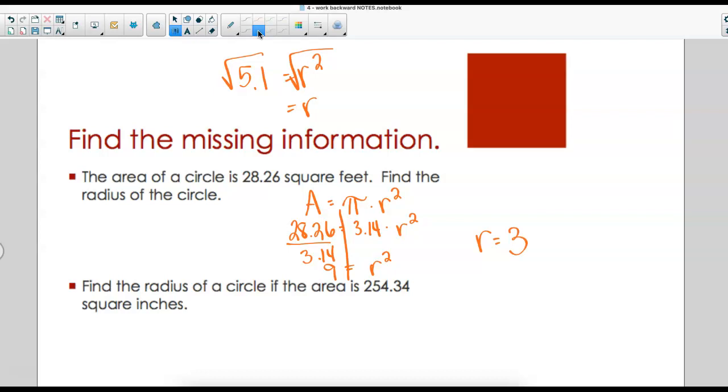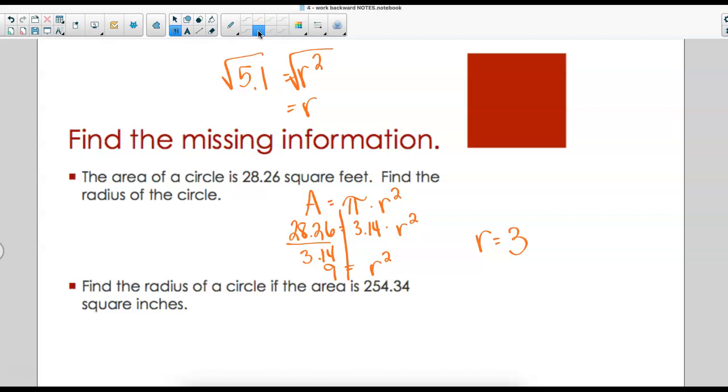If I want to do the square root of 5.1, on this kind of calculator, you have to hit the second button and then the x squared, and it puts that symbol on your screen. And then you can put 5.1 and you get 2.3 rounded to the nearest tenth. Okay? If you don't know how to use your calculator, you need to be asking. And I'll help you.